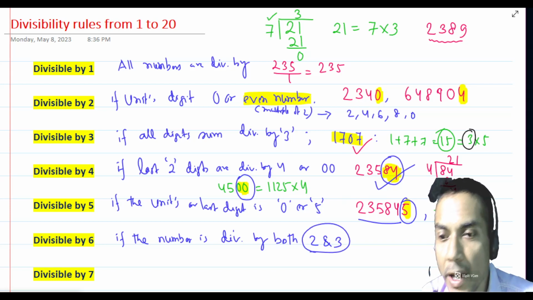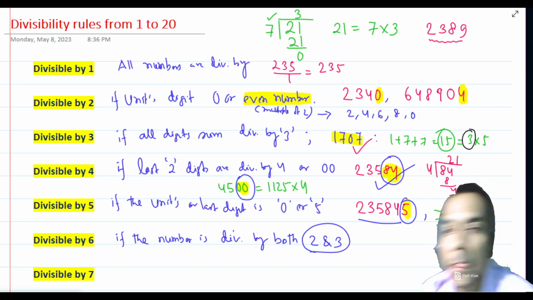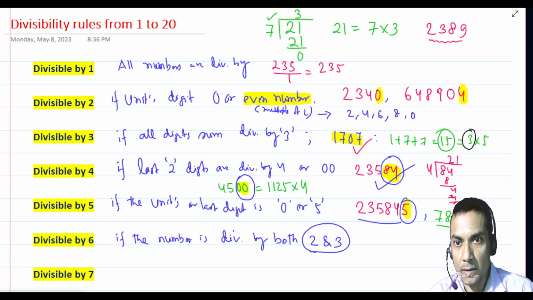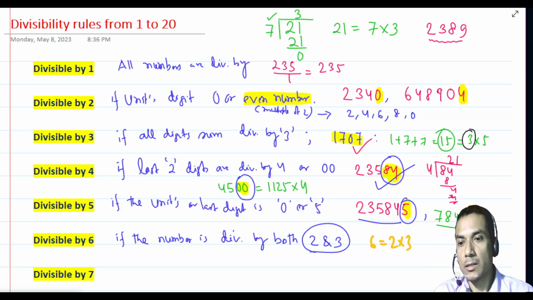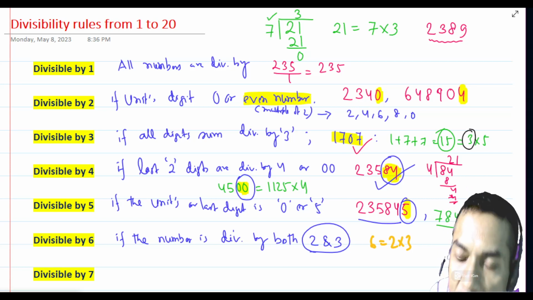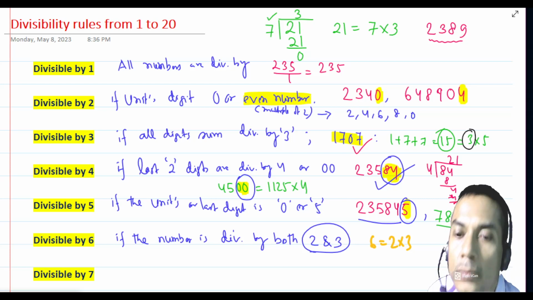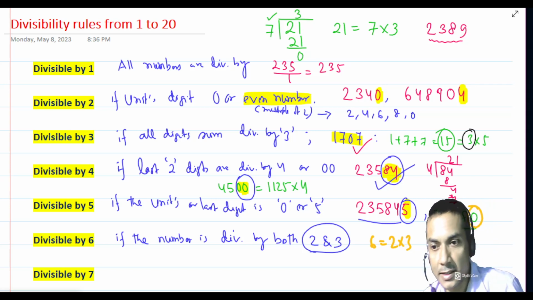So from where do we get this 2 and 3? Because 6 is 2 times 3. So 2 and 3 both are factors of 6. That is the reason that if it is divisible by both 2 and 3, then we can say that this given number is divisible by 6.